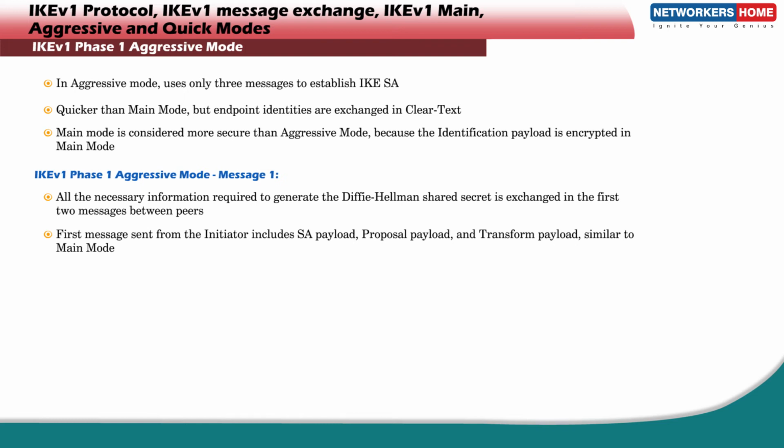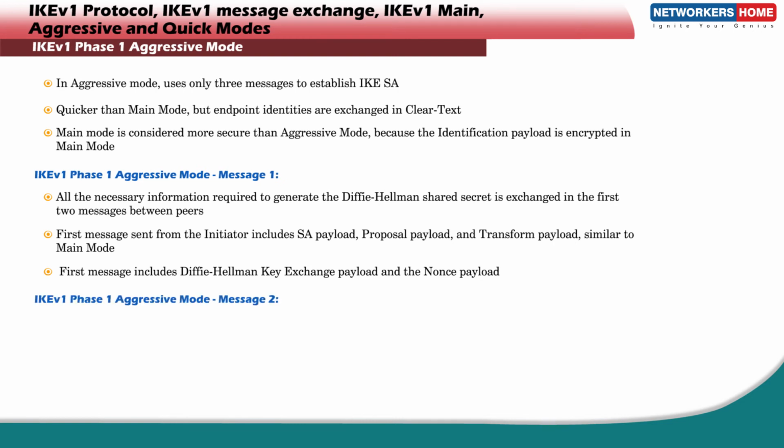The main difference in aggressive mode is that the first message includes the Diffie-Hellman key exchange payload and the nonce payload. The identification payload is also added in the first message. Note that the identification payload is sent as clear text, not encrypted.